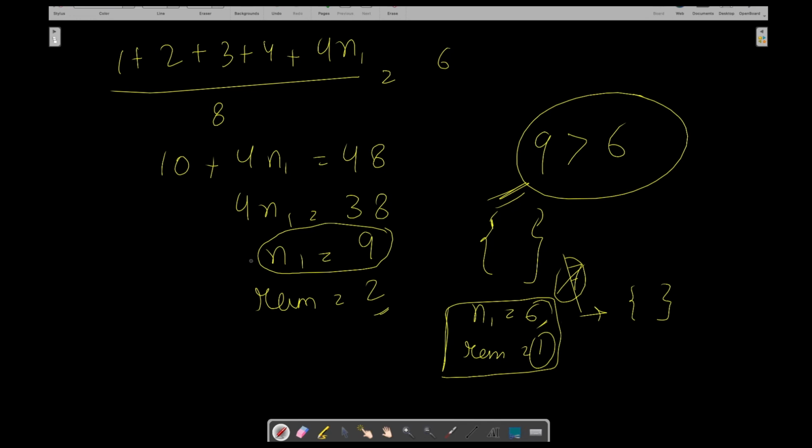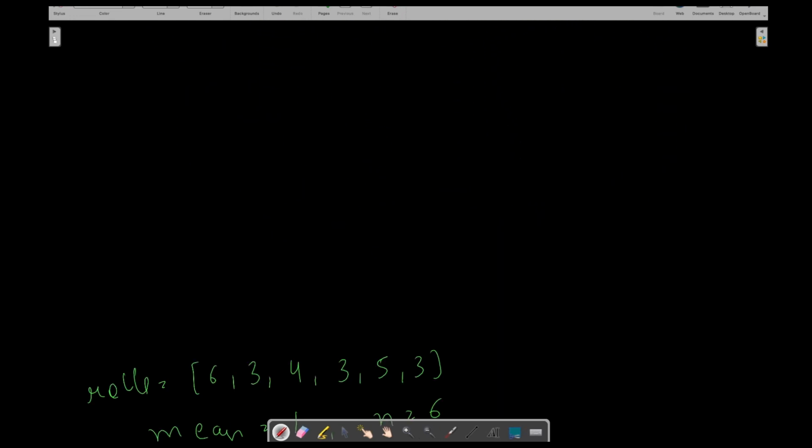So the condition here becomes: if n1 is greater than 6, then we will definitely return an empty array. But one more condition is that if n1 is 6 and we have some remainder also, then we will be returning an empty array, because 7 cannot exist on a dice.